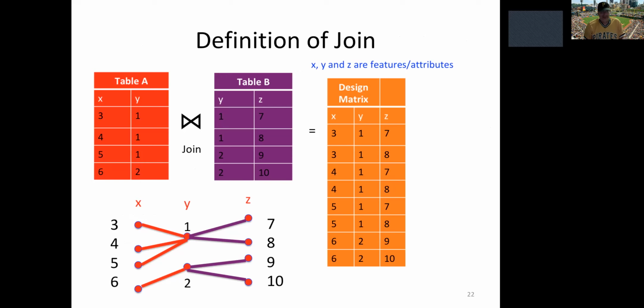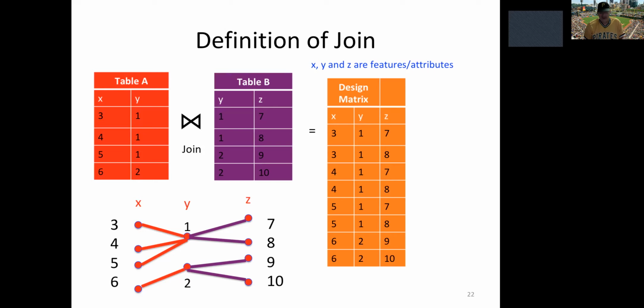If you look at the first row of the first table, you can think of that as an edge in a bipartite graph, where the X values are the vertices on the left-hand side of the bipartite graph and the Y values are the vertices on the right-hand side. So this table A can be thought of as this bipartite graph below with four edges. Similarly, the table B can be thought of as a bipartite graph between the Y vertices and the Z vertices.